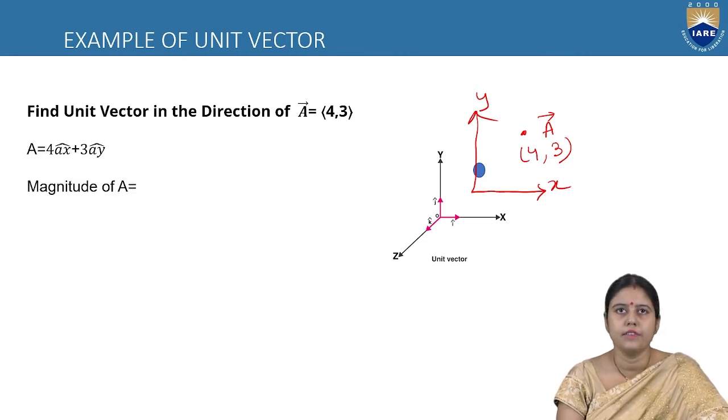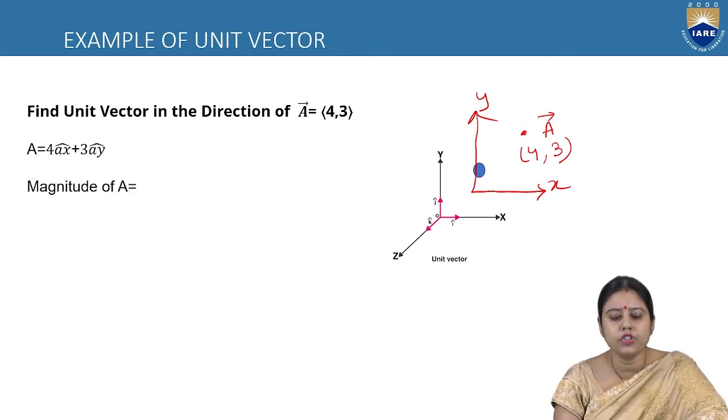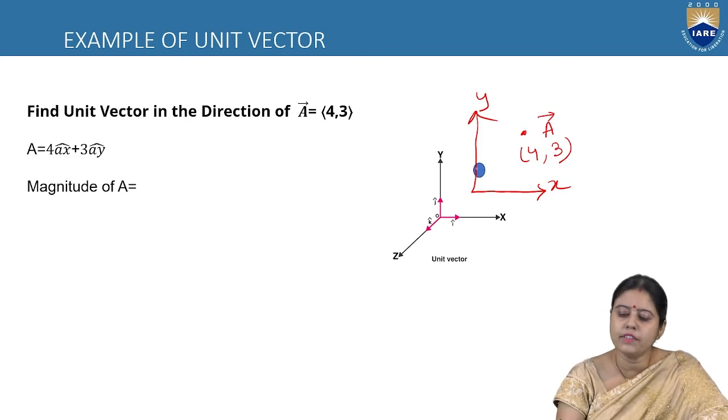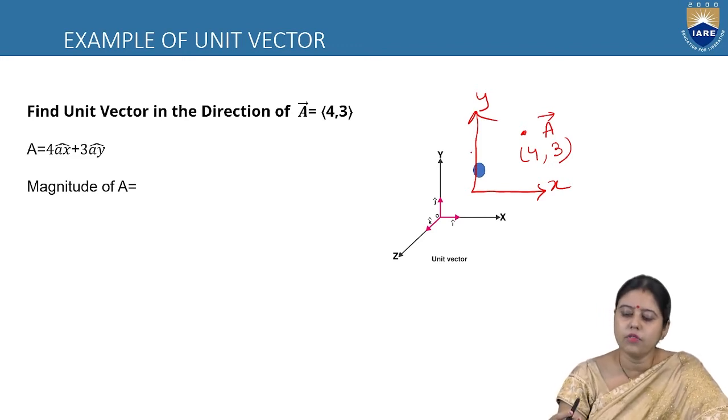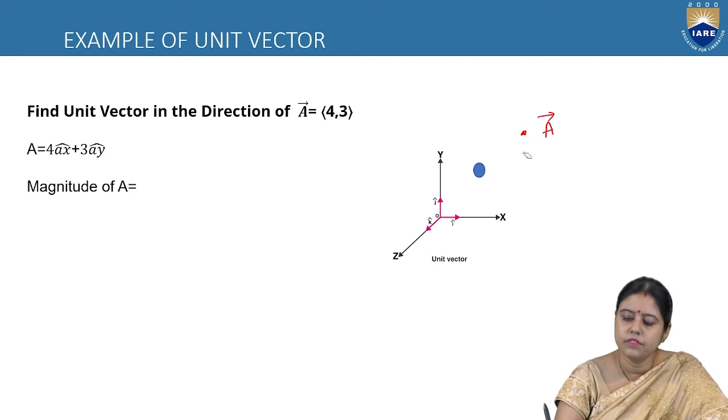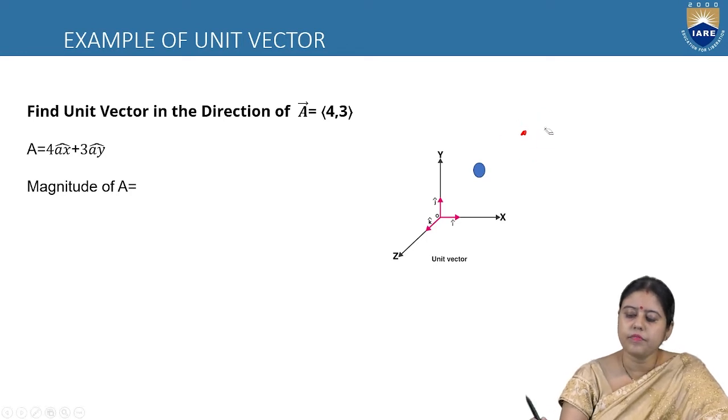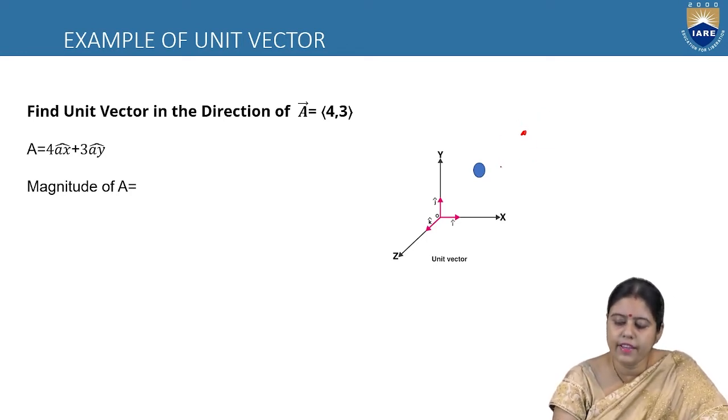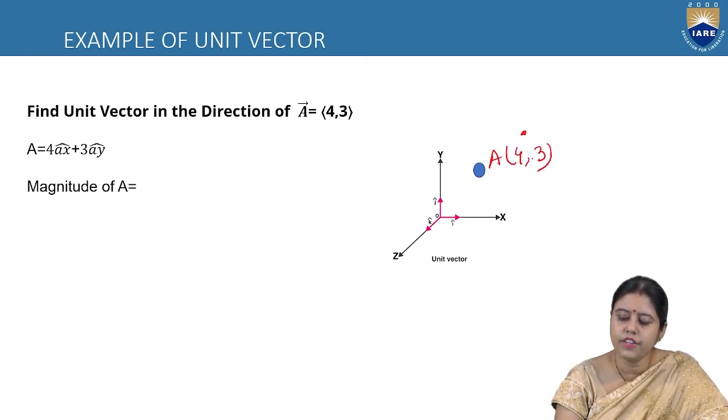This is the point. So what is the magnitude of the point? How do we calculate the magnitude? The point A is 4, 3.